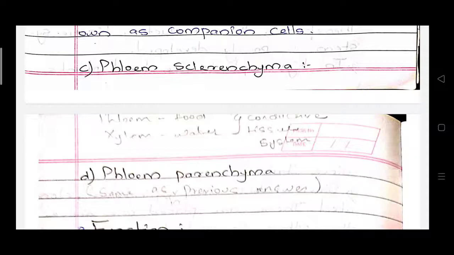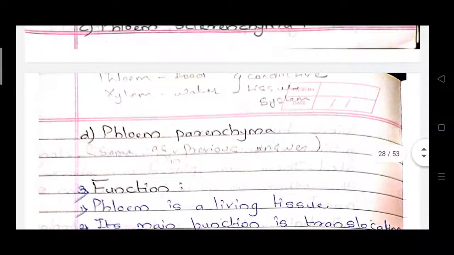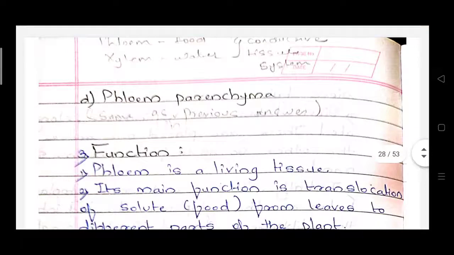In phloem sclerenchyma, you have to write the same information from the sclerenchyma part. In phloem parenchyma, you have to mention the wood parenchyma and ray parenchyma. Wood parenchyma are horizontally present and ray parenchyma are vertically present.